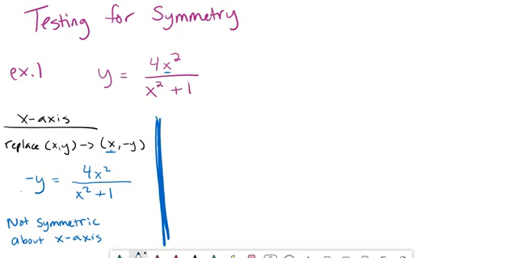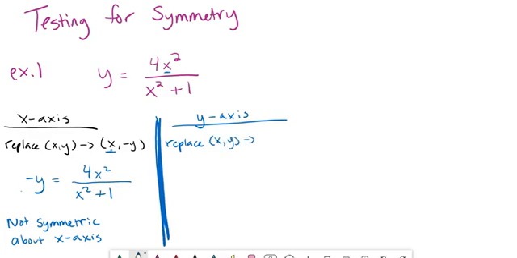Then we're going to go right next to that, and we're going to write down y-axis. Again, this is how I want each of the homework problems set up in this section, and this is what it's going to look like on our lab and our quiz and our test, to show me that you know how to test for y-axis symmetry. So again, you're going to write down replace, and you're going to replace x comma y.